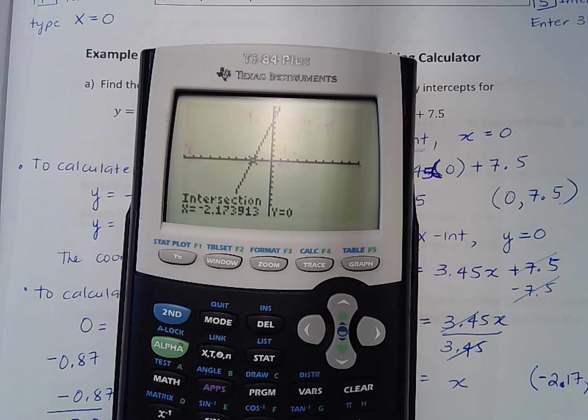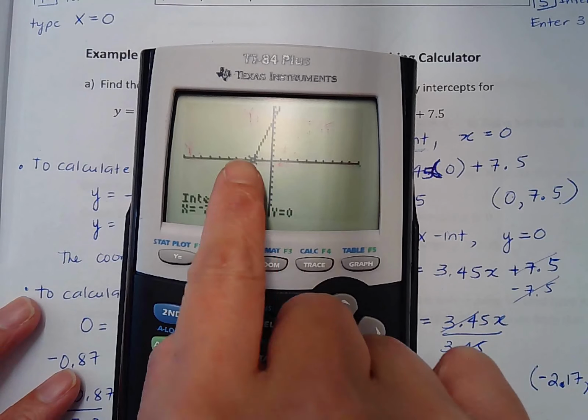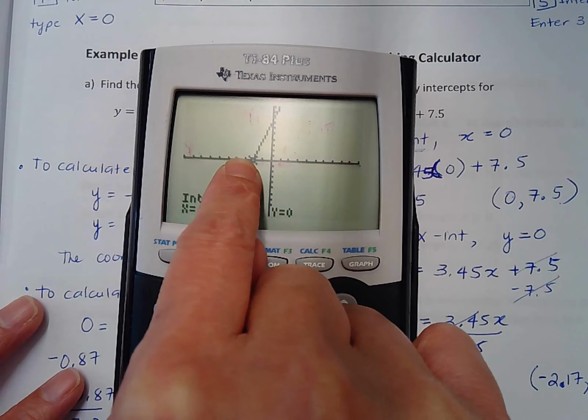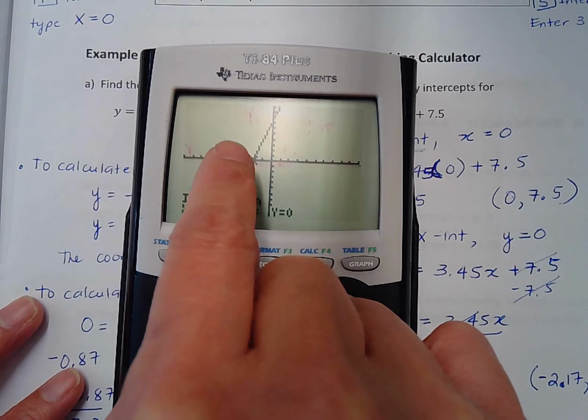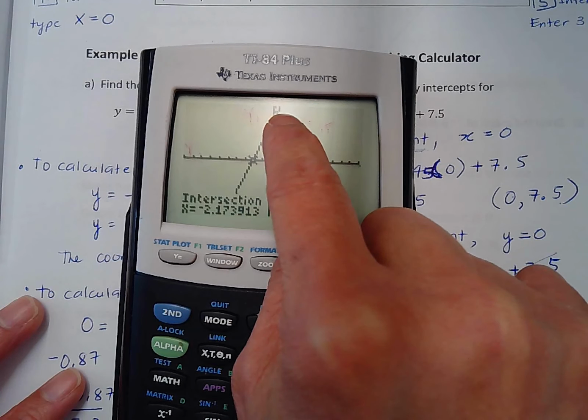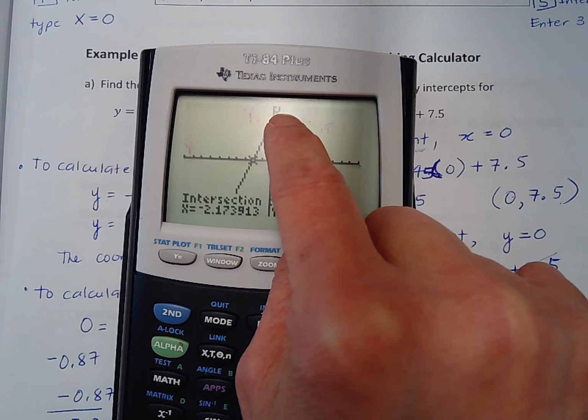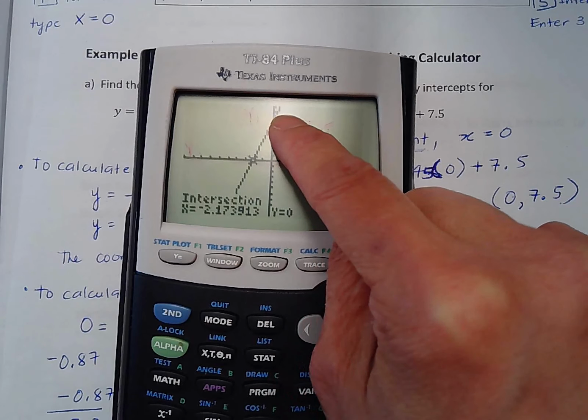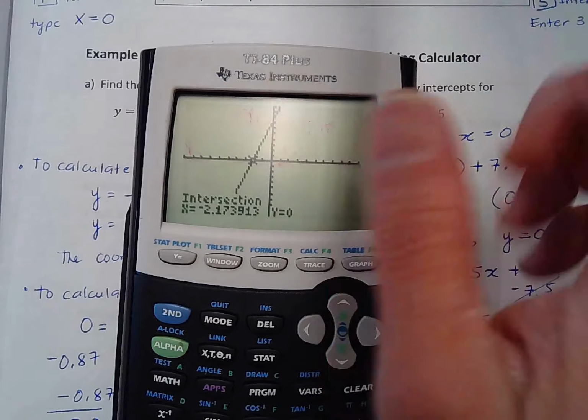Because you can visualize where the x-intercept is. This is my x-intercept. At the x-intercept, the y is going to be 0. This is my y-intercept, and at the y-intercept, the x coordinate is 0.